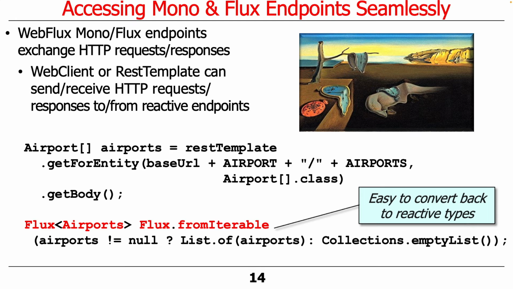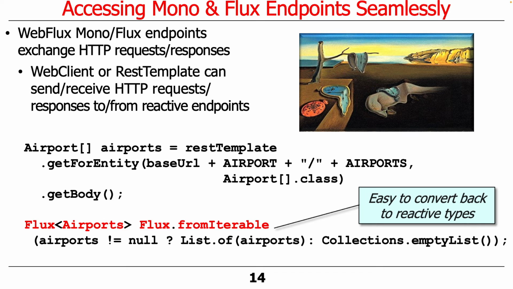Now, this is just if you're absolutely desperate to talk to something that's got classic Java types that block, but you want your clients to be reactive after the calls come back. You can convert the results that come back from a call to a REST template into a reactive type via a model something like this.